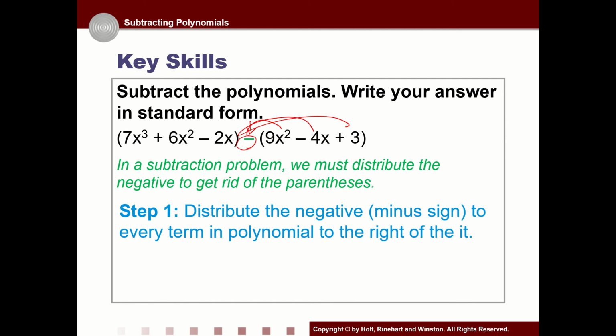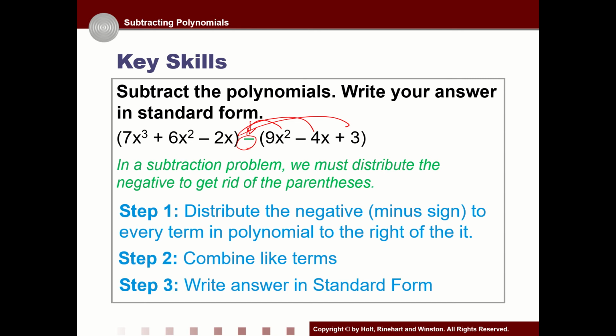Once we do that, step 2 says we're going to combine all of our like terms like we did in addition. And then step 3, also like addition, make sure that we write our answer in standard form. So the only difference between addition and subtraction is that in subtraction, we have to distribute the negative first. Then we do the same things as addition.